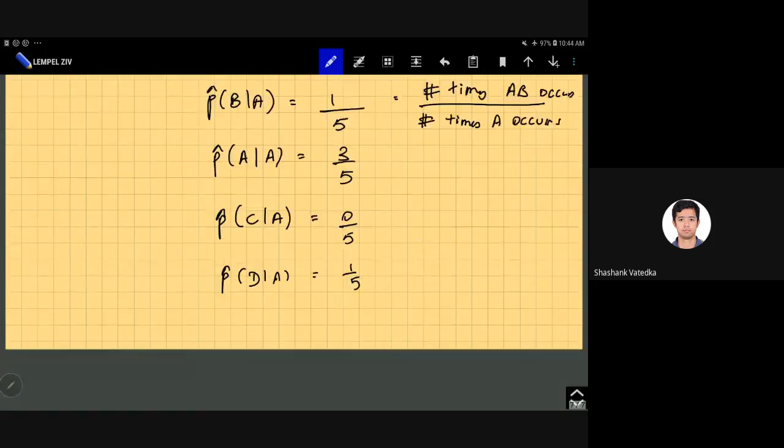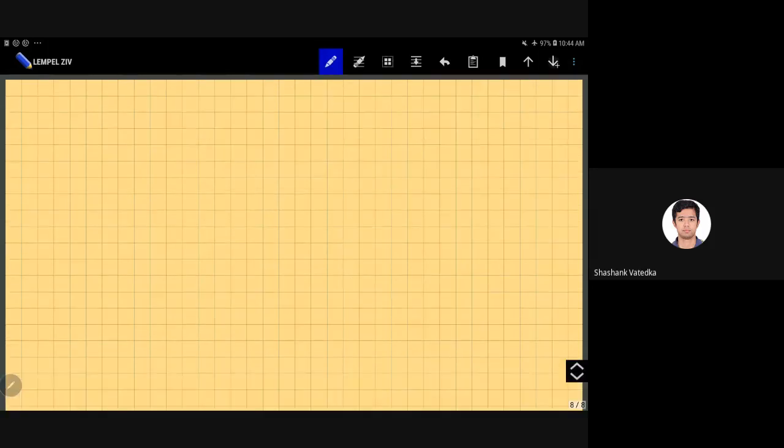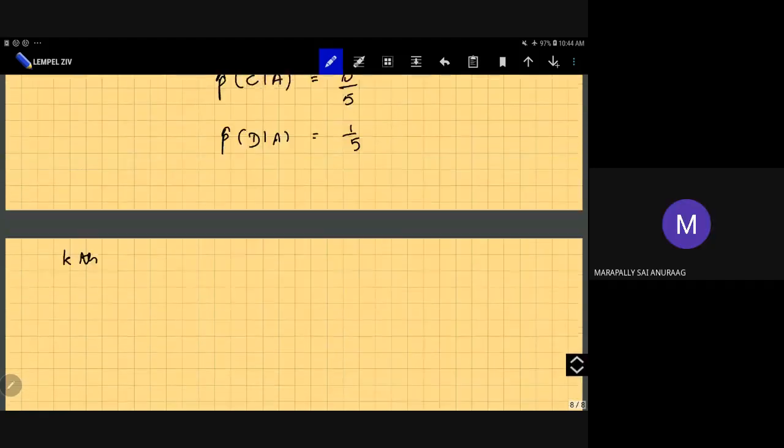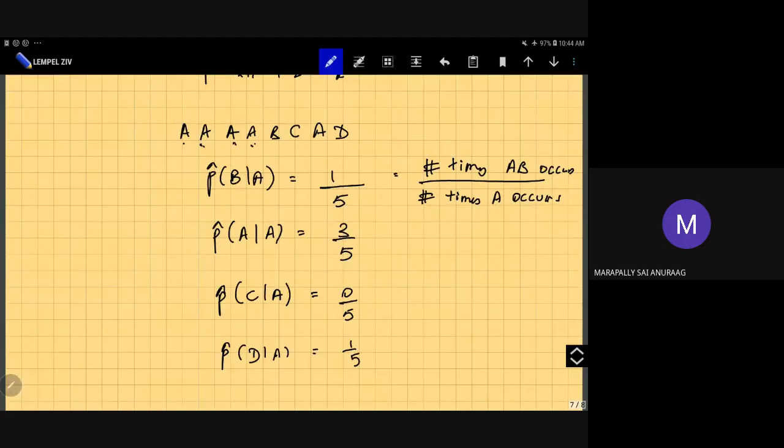Right? And using this, we can define the kth order... Sheriff, if there was no D in the end, then the denominator would have been 4, right? Yes, that's correct. If the sequence ends with an A, then it would be the number of times whatever occurs divided by the number of times A occurs minus 1.